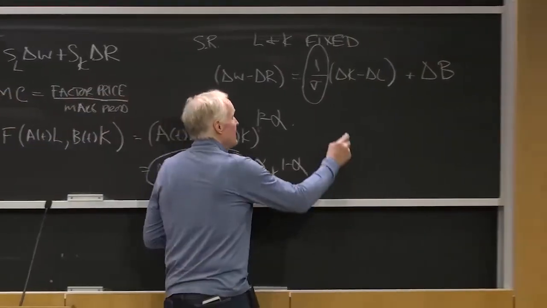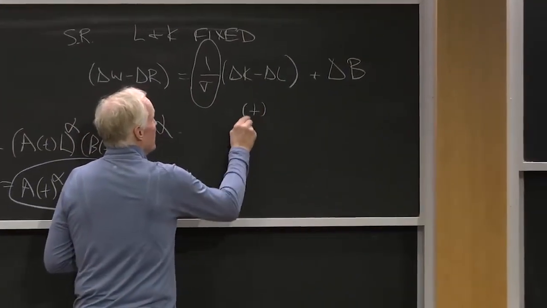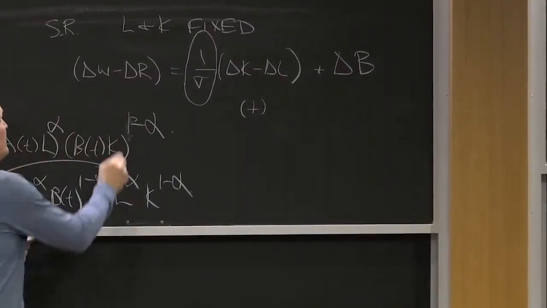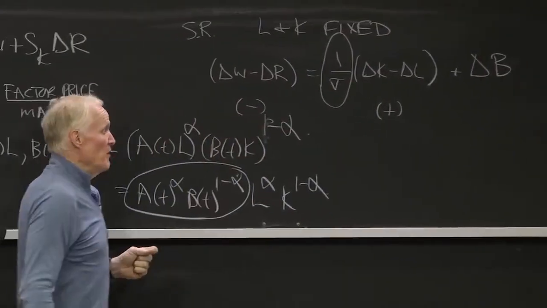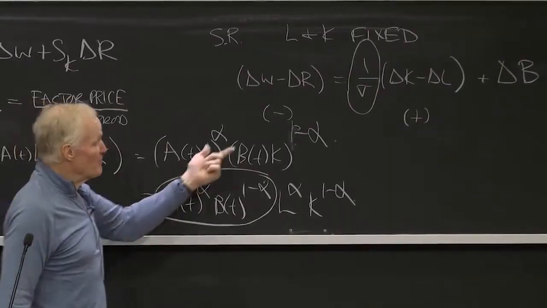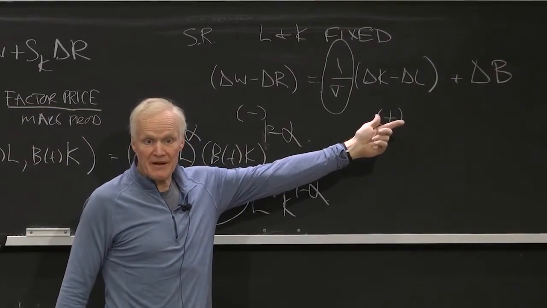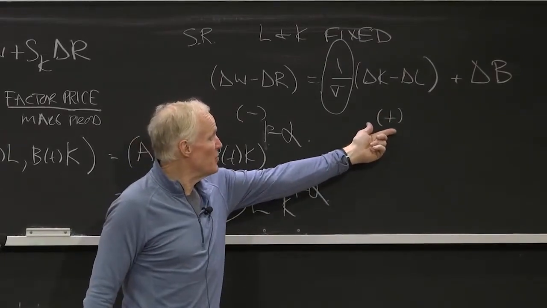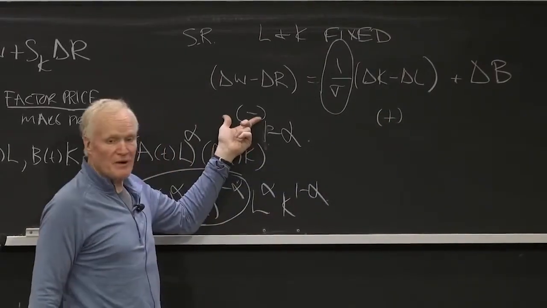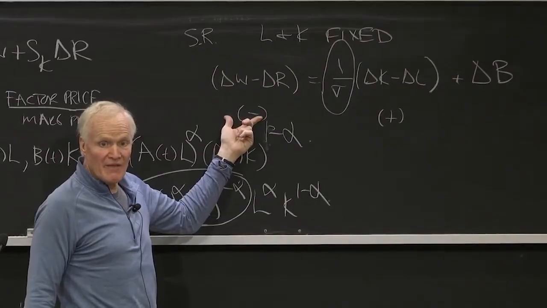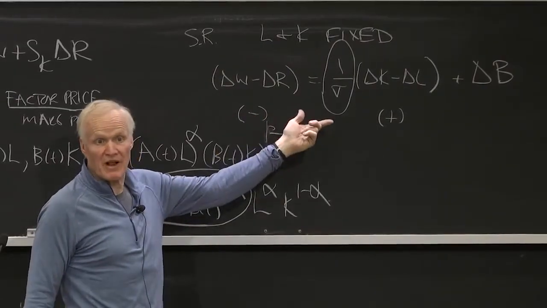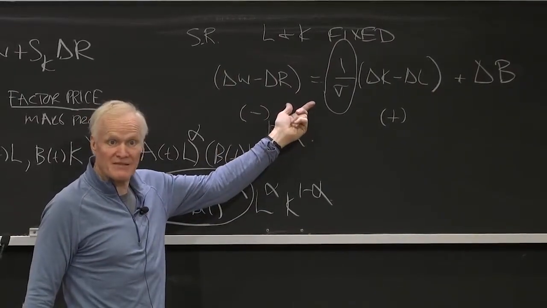Let's say that this is positive, okay, and this is negative. Well, in that case, you would know for sure that delta B would have to be a negative number, right? Because what you're seeing is K is going up relative to L, but W is going down relative to R. That can't happen unless there was technological bias. We know sigma is a positive number, right?